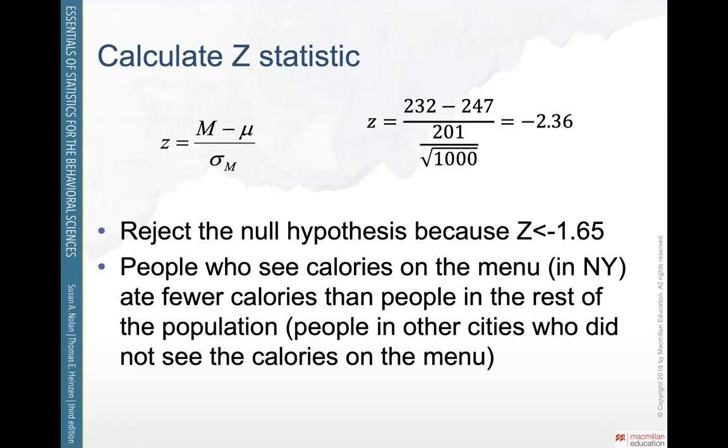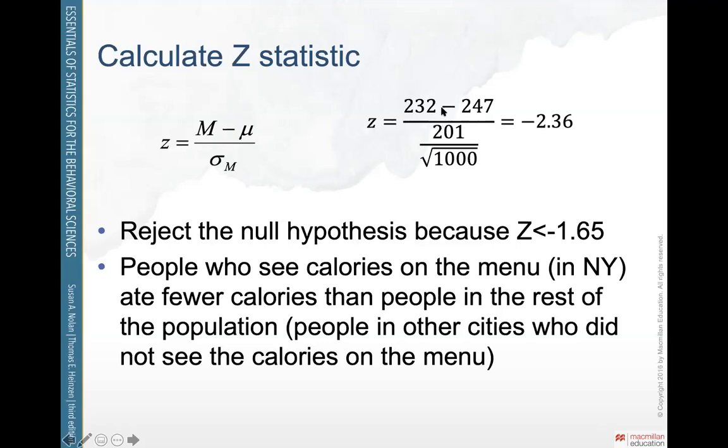And so if we go back a couple of slides, I already mentioned the population standard deviation is 201, which is right there. And the sample size, the number of people in New York whose calories we averaged, was 1,000. So our standard error is 201 divided by the square root of 1,000. That's the denominator of our Z equation.